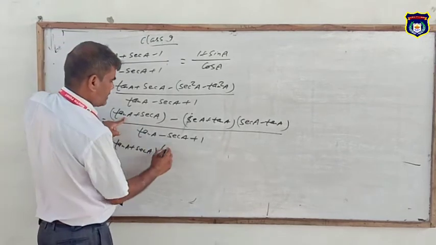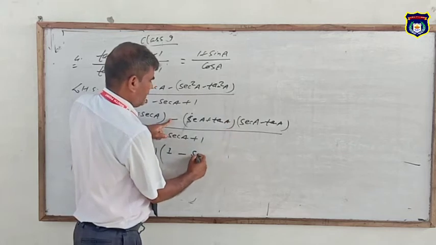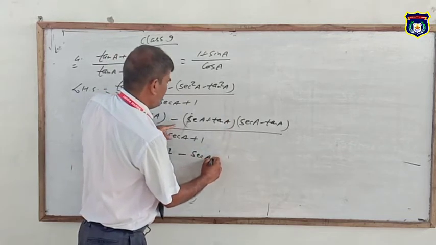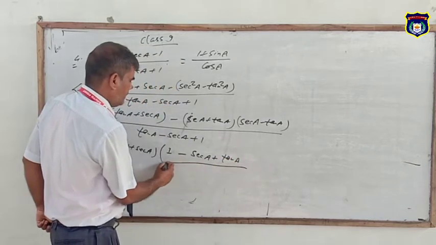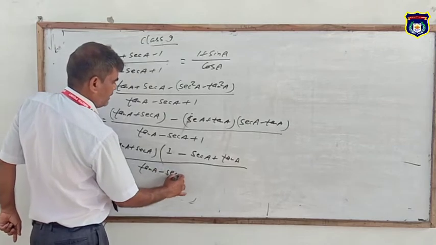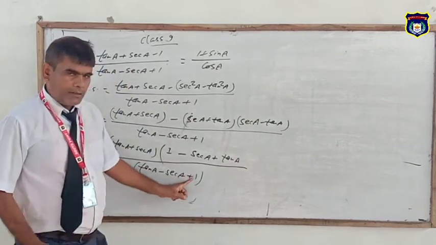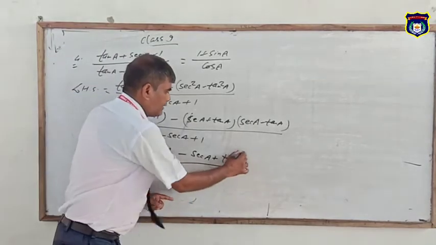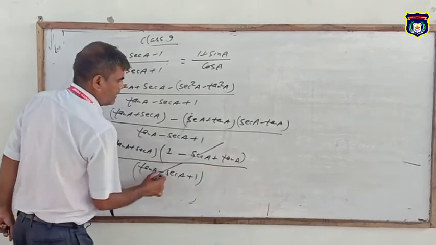Remaining from first is 1, from second minus sec A, minus minus plus tan A, by (tan A minus sec A plus 1). Tan A minus sec A plus 1 is cancelled.